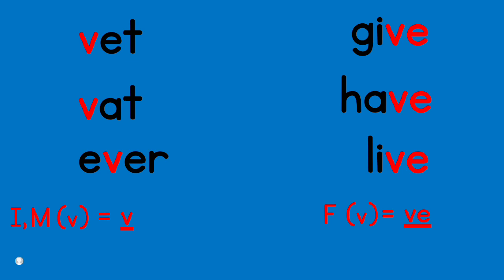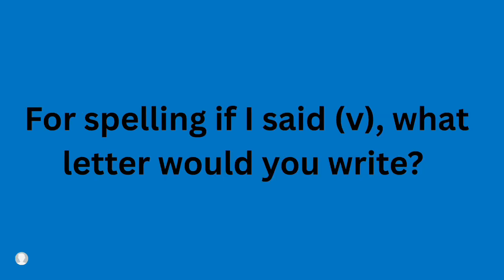We have learned a new spelling concept today. We have learned initial and medial V is spelled V, and final V is spelled V-E. For spelling, if I said V, what letter would you write?